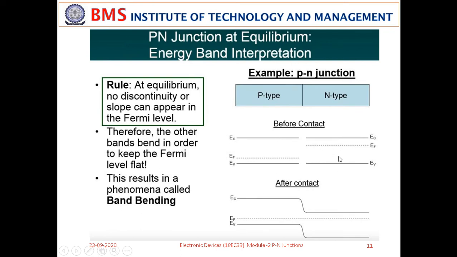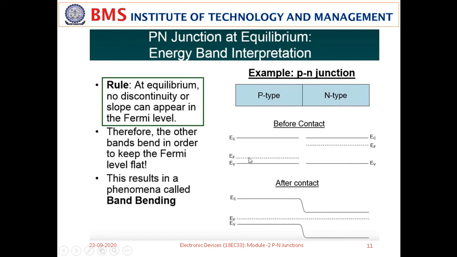But now what happened when you join the n type and p type? The electrons are readily available in the conduction band. They start moving through the empty states in the conduction band of the p type, and that has raised the Fermi level. EF along with EV has been raised because the electron number has increased. Free electrons start moving from the n side to the p side, and due to that the Fermi level has been raised.